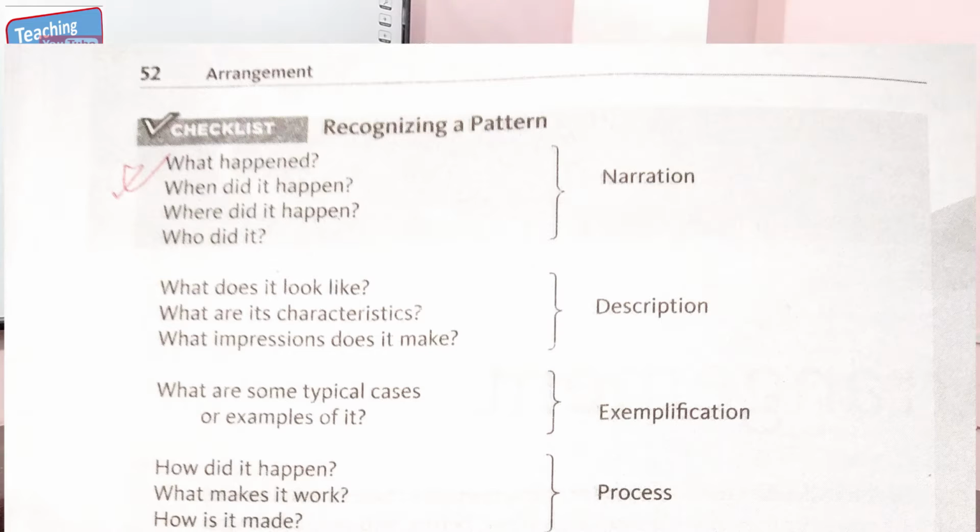Obviously, if something happened, there are characters, there are the people who actually commit those events, actually perform some roles in those events. So if you have questions like that, you have to follow narrative writing. And in detail how to write narrative writing, we will talk about it in the next video.